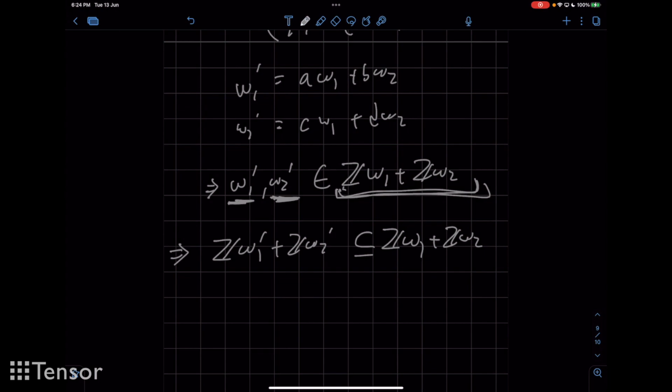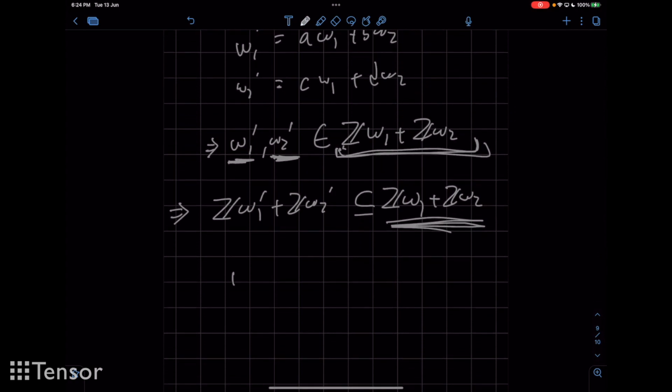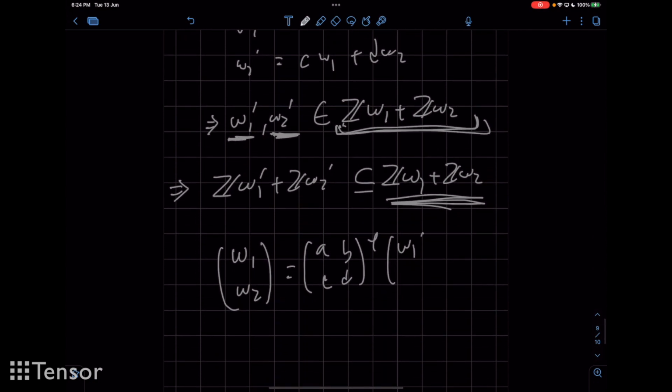Is that clear to everyone? So omega 1 prime and omega 2 prime are in the group generated by omega 1 and omega 2, so the subgroup they generate must also be inside this one. And we can reason similarly: omega 1, omega 2 is equal to the inverse of A, B, C, D times omega 1 prime, omega 2 prime.